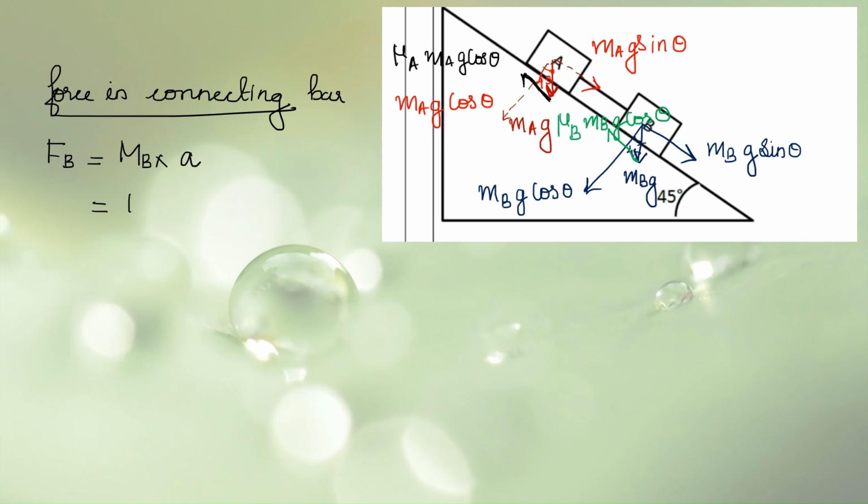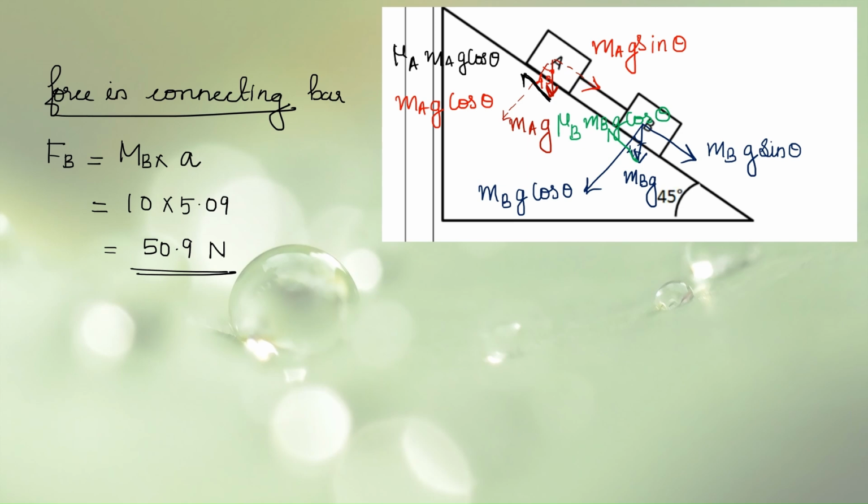Mass of member B is 10 kilogram, and acceleration of the system we have found out as 5.09 meter per second square. So the force in the member B, FB, is 50.9 Newton. This is the force in the member B.